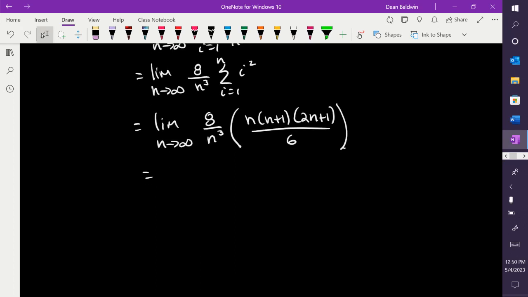Okay, I'm going to clean this up a little bit. That turns into a 2, and that one goes away. I'm going to pull the 6 out, just so it looks like this.